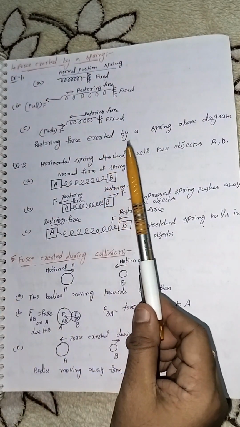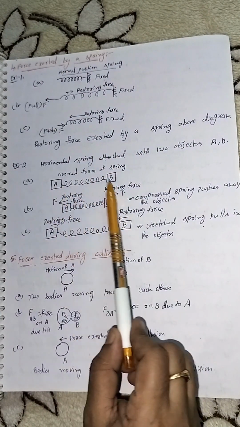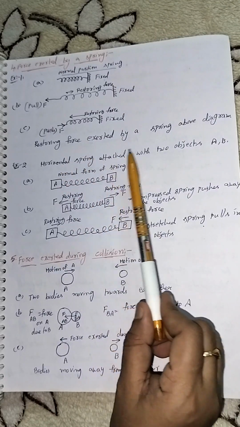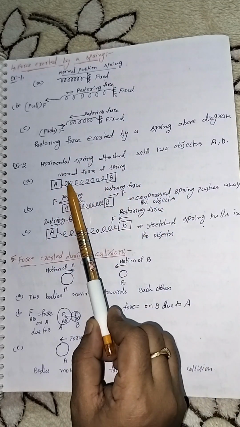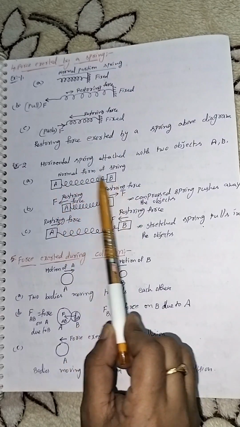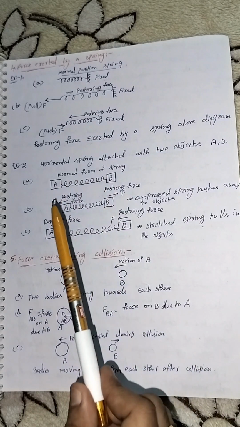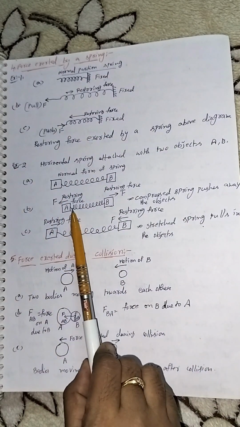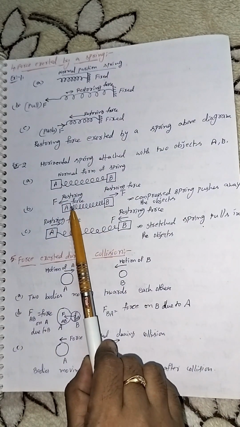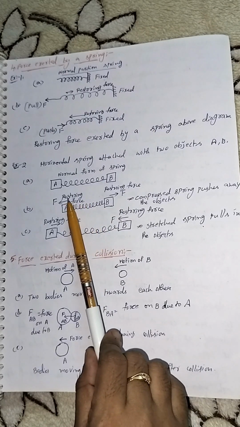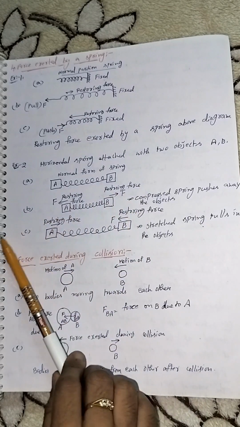Next, if the spring is attached at two fixed points, a horizontal spring attached with two objects A and B, the spring is attached at both points. This is the normal position of the spring. In the second case, if we compress the spring, the forces are in the opposite direction.